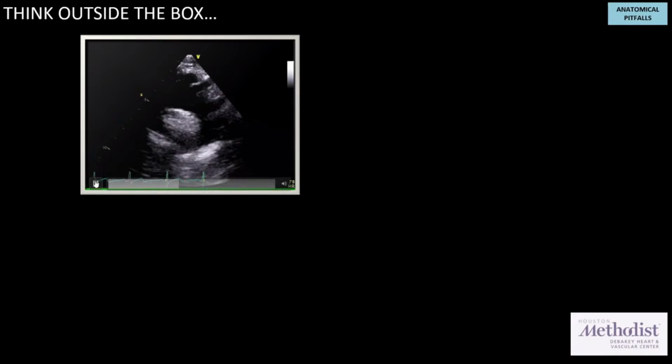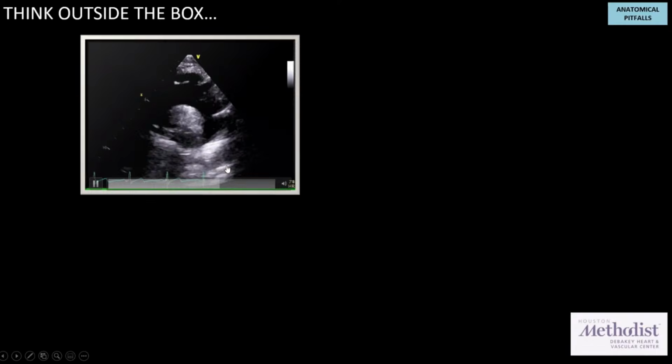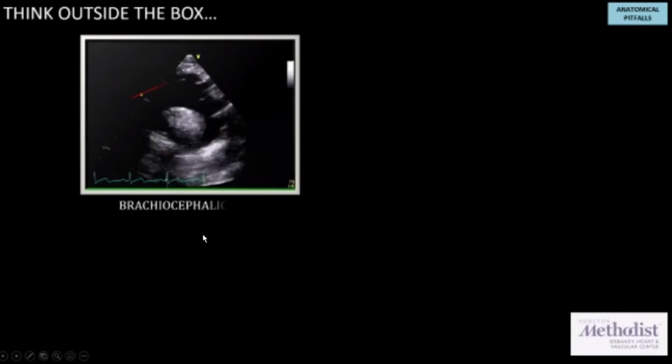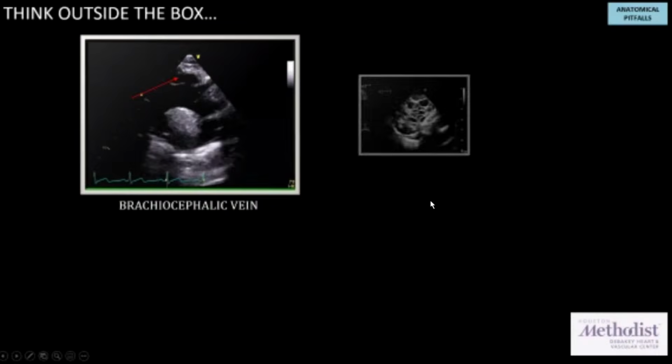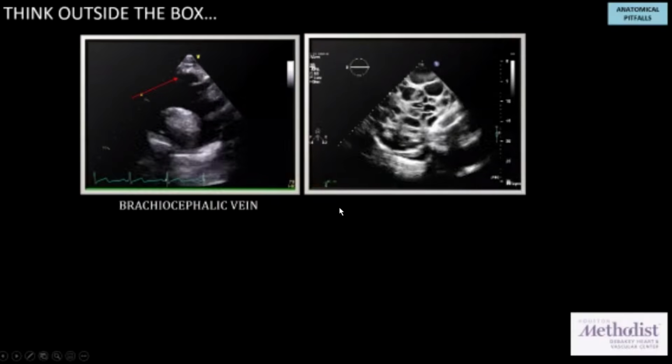What do you think this one is? Right here, right next to the aortic arch. So this is actually nothing but the brachiocephalic vein and the aortic arch in the suprasternal view. And it's completely benign, you see it on almost every echo if it's a good quality shot. This one here, what do you think?